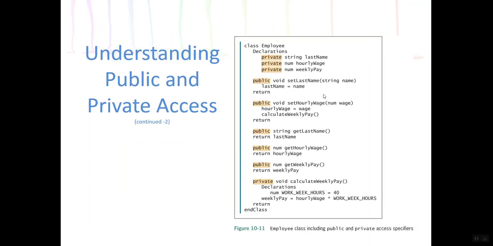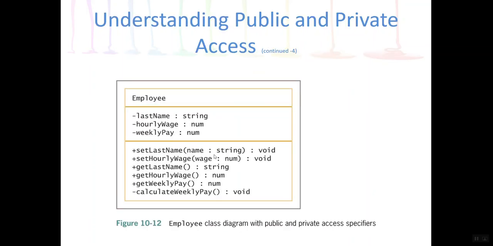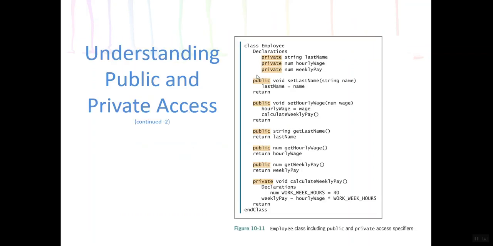So that is string name, our parameter. So name colon string is how we would write that in a class diagram. The colon void at the end indicates that this particular method does not return anything back to its caller. So that's this part, the void. This doesn't return anything back.